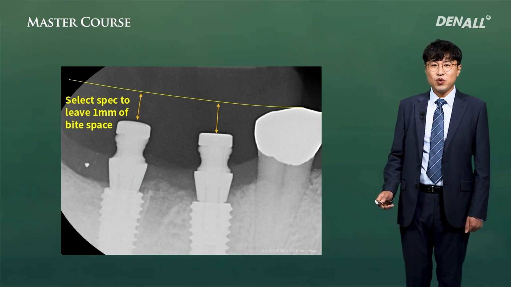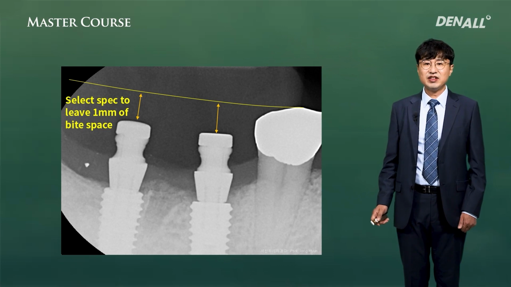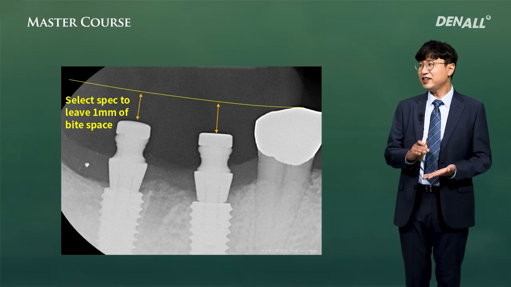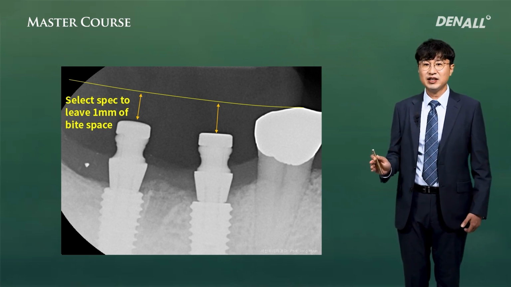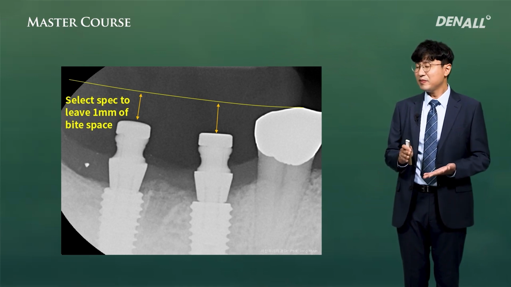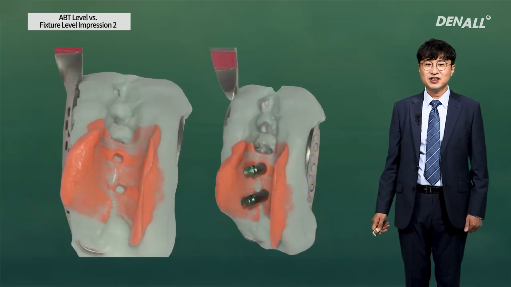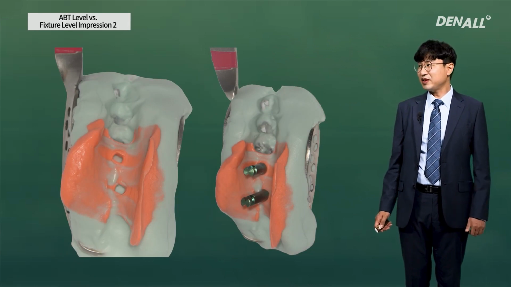In transfer impression coping, if you create it short, then you have 1 or 2 bite space available with the opposite teeth, which is very important. So if there's occlusion with the opposite teeth, of course, bite impression cannot be taken very well. So same impression taken as transfer impression coping.